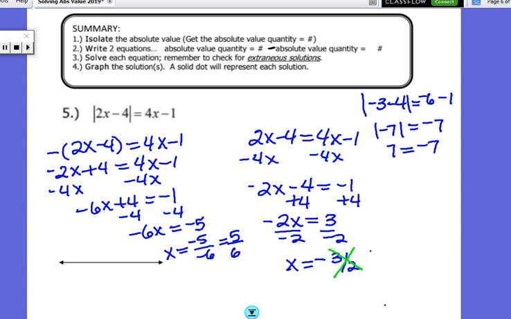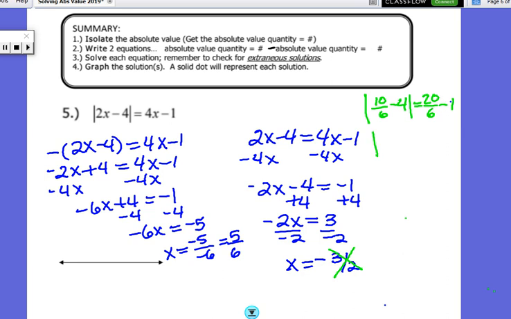I always go back to the original equation. Alright, let's check the next one. I'm going to be putting in 5 sixths. I'm going to have some fractions here. Let's see what I get. 2 times 5 sixths is 10 sixths, minus 4, is equal to 4 times 5 sixths, which is 20 sixths, minus 1. Alright, what am I going to end up with here?